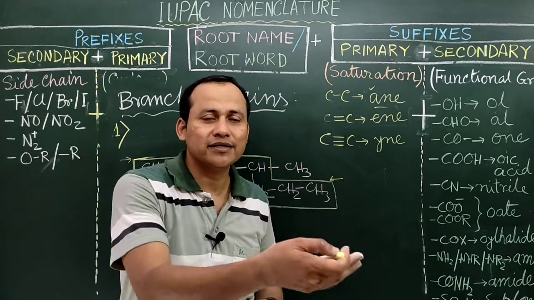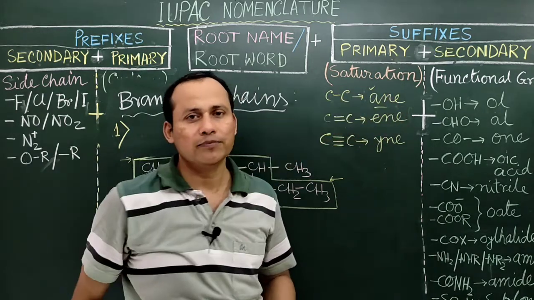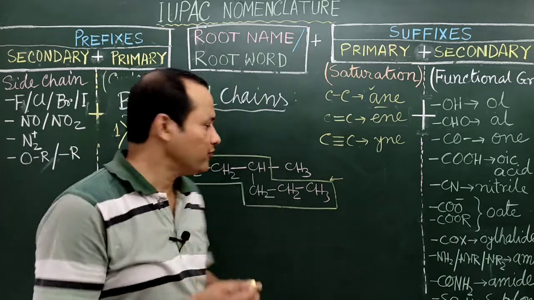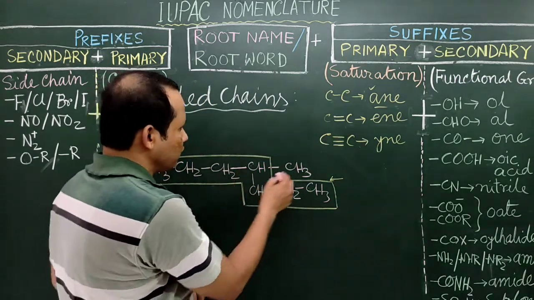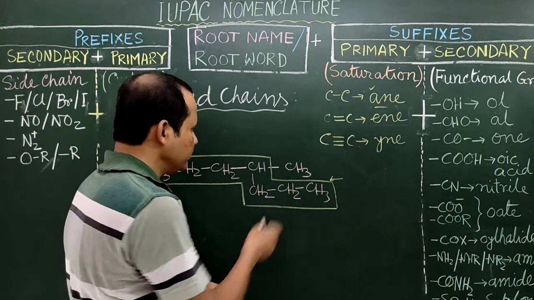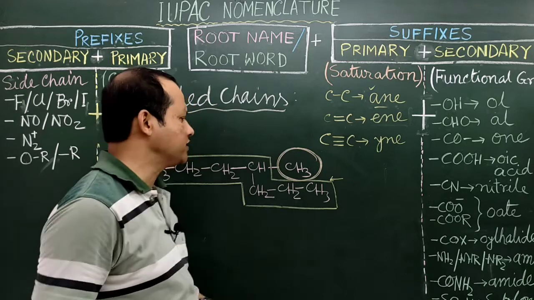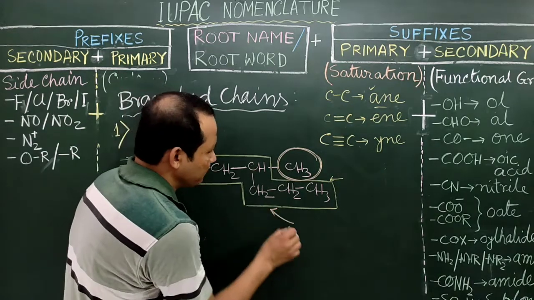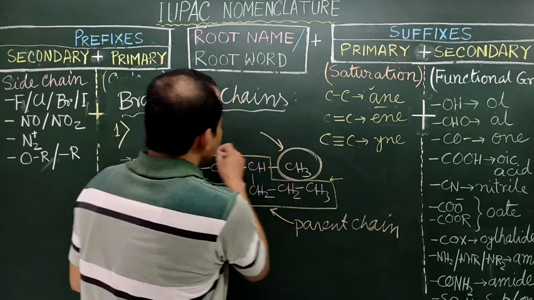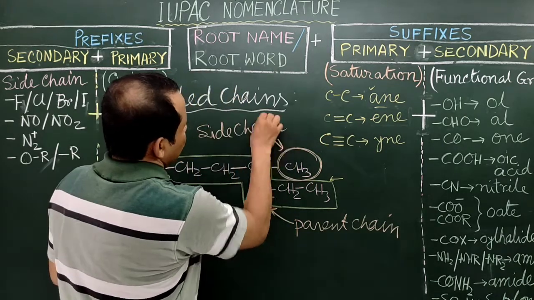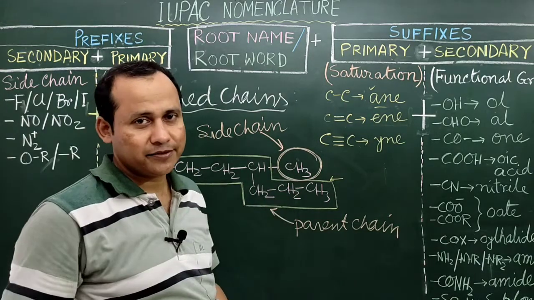Now the basic thing will be how to give the numbering of the carbon atoms. If no side chain is there, now beside the chain one portion is there, which is this one. This is called side chain. So this is called parent chain and this is called side chain, or another name is substituent.